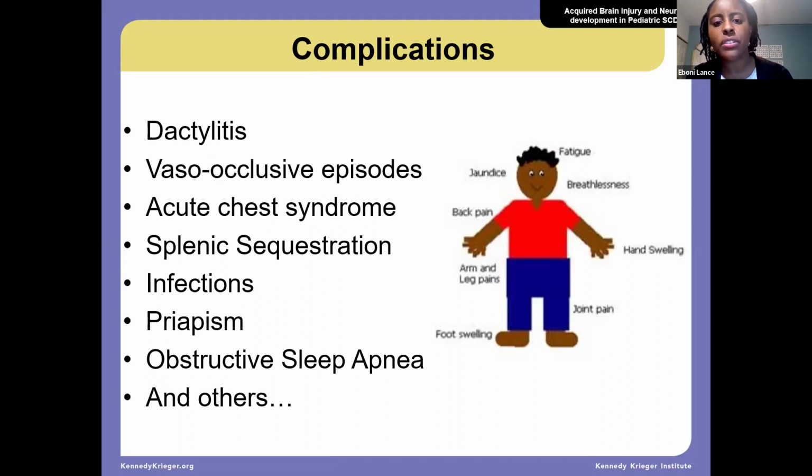Acute chest syndrome, or a sickling crisis in the lungs, is one of the most common causes of mortality in sickle cell disease. They're also predisposed to certain infections because they auto-infarct their spleens at young ages, and so they can be at risk for infections from encapsulated organisms. But of course, the complication that we'll mostly be focusing on today is stroke.